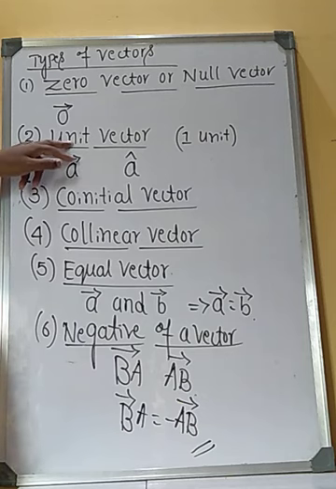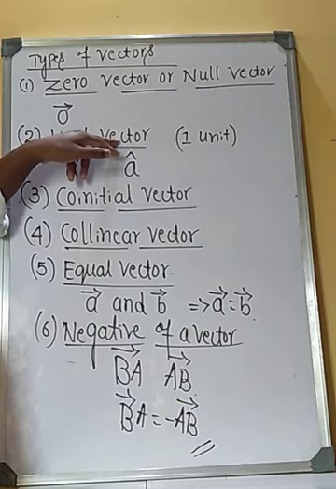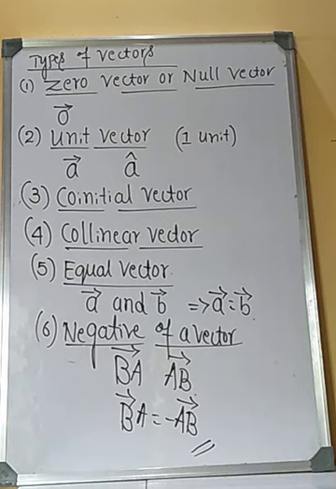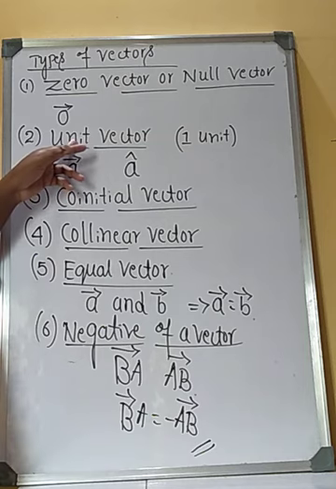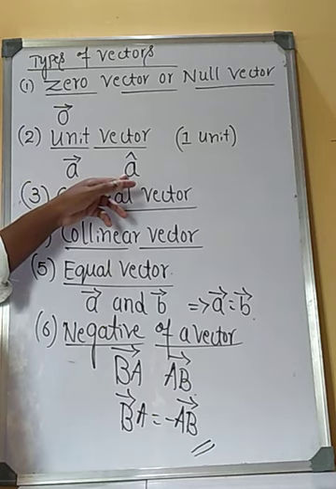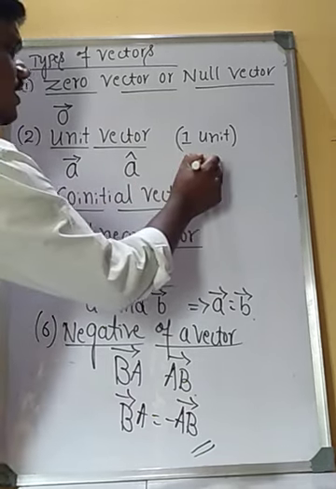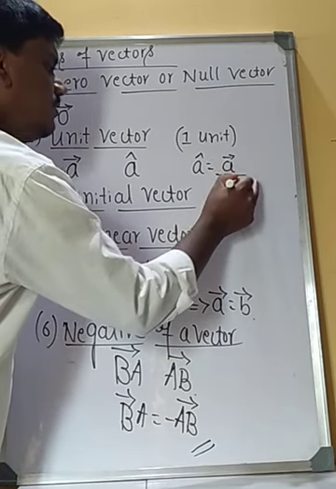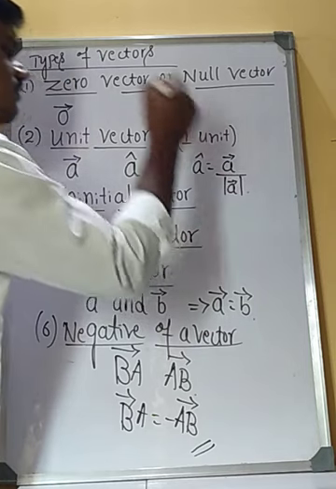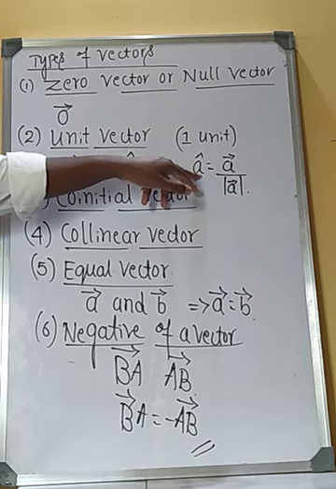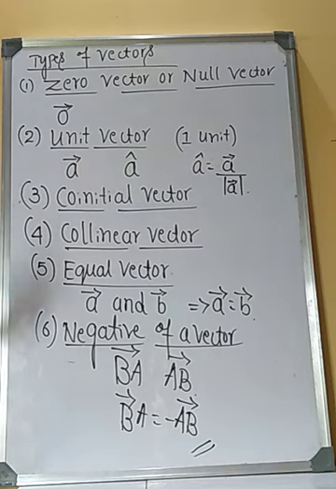Second, unit vector, a vector whose magnitude is unity, that means one unit. The unit vector in the direction of vector A is denoted by A cap. That means A cap is equal to vector A divided by the magnitude of vector A, where A cap is the unit vector in the direction of vector A.